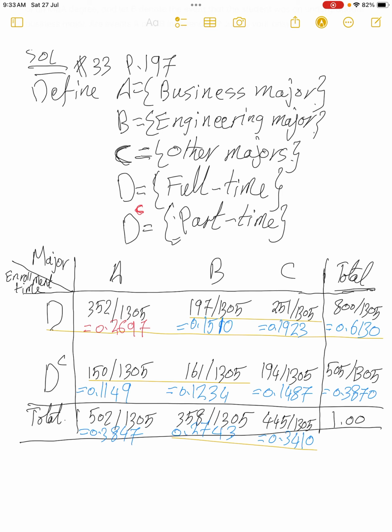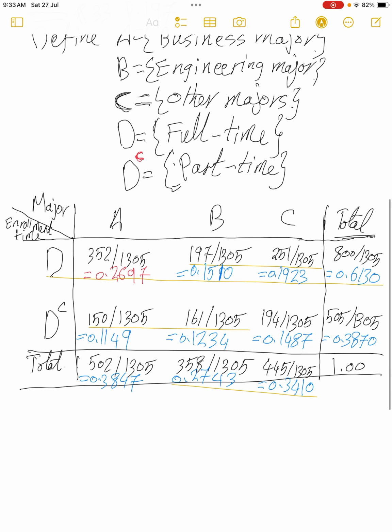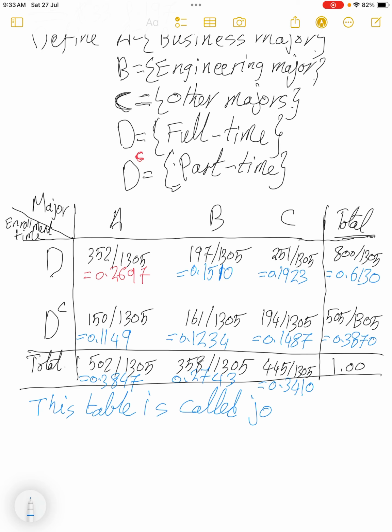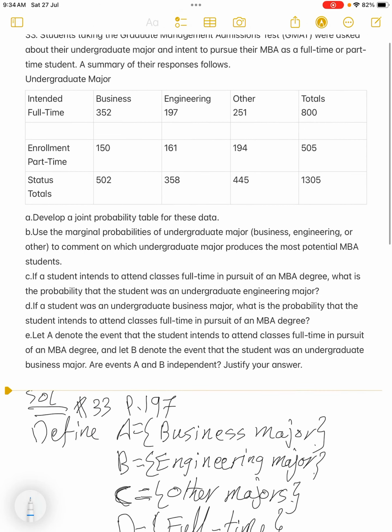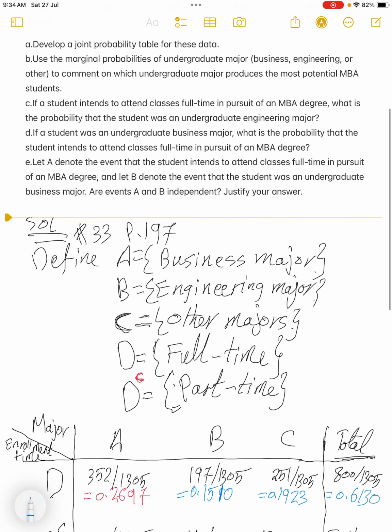Here you will have this table, which is called the joint probability table for the data.